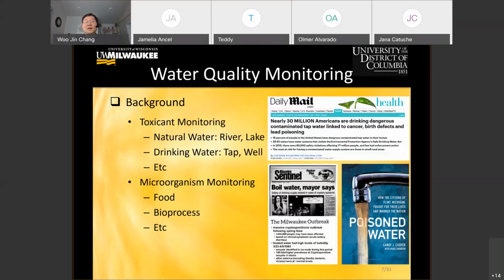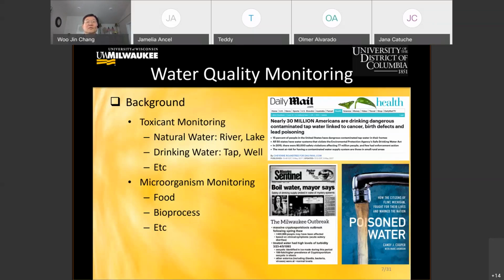So the pipeline system is the major source of contamination. So even if the water quality was good when the water left the facility, the water that you are drinking could be contaminated. Because of that, we need some system that can check the quality of water close to the consumer, so that we can assure the quality of water.